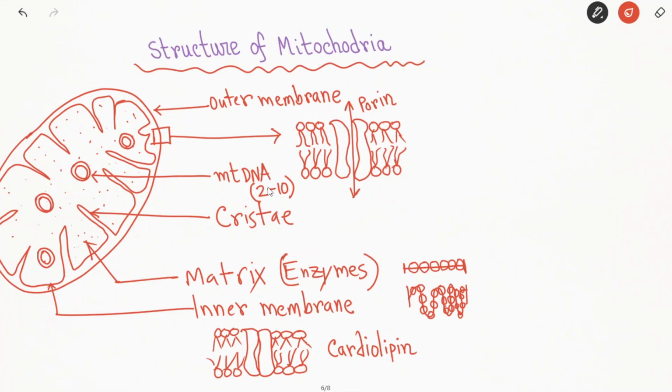Next, we know that to synthesize protein we need ribosome, right? We know that in our cell we have rough endoplasmic reticulum, and in rough endoplasmic reticulum there are some circular substances that actually synthesize protein. Since in mitochondria there is also some protein synthesis, a very little amount, that is done in ribosome.